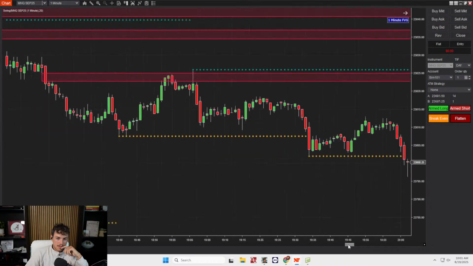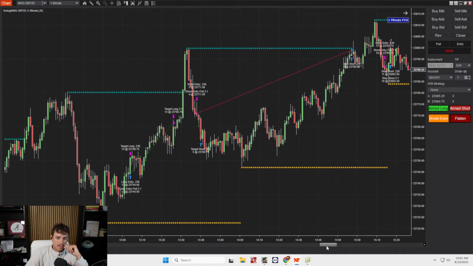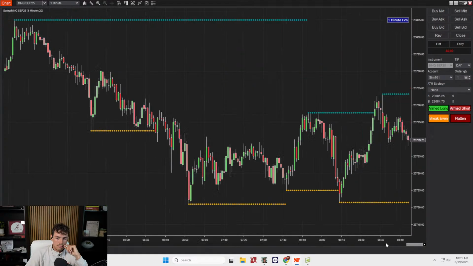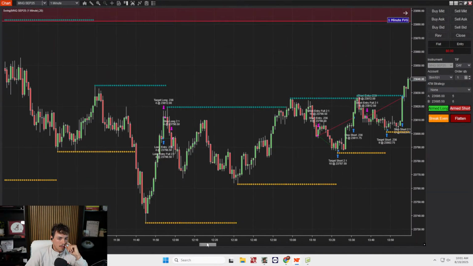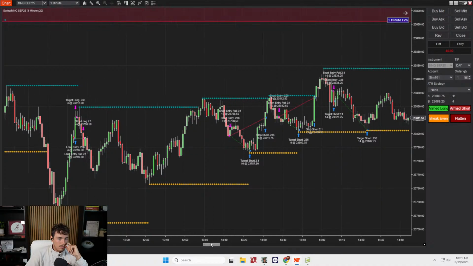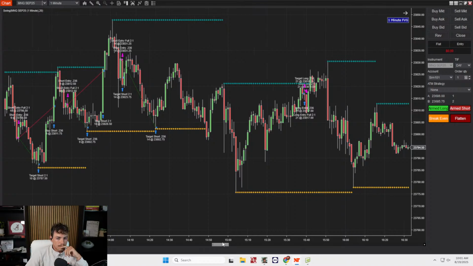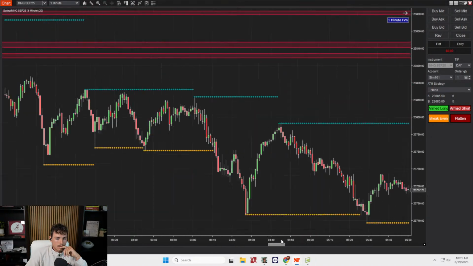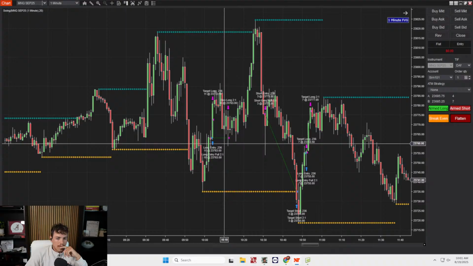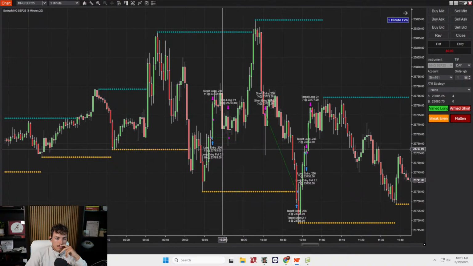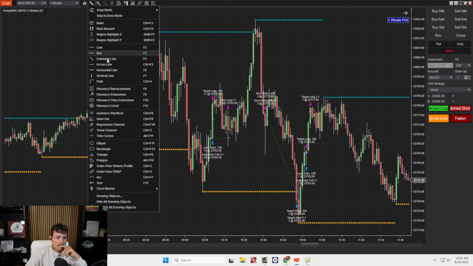See some of the trades it took yesterday. This was on a little bit more of a buggy version. We made some fixes already off of yesterday. So we had yesterday a partial win based off of this fair value gap here.